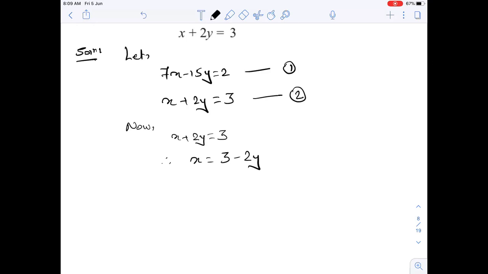Now remember, this is our equation number 3. Now we have to substitute this value. Here on the left hand side only one variable is present, that is, we have represented x in terms of y.